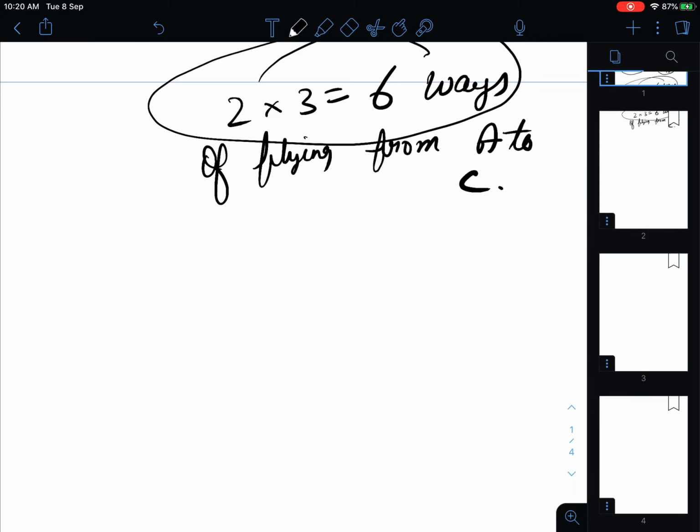Let me just write this down. This is known as the fundamental principle of counting.